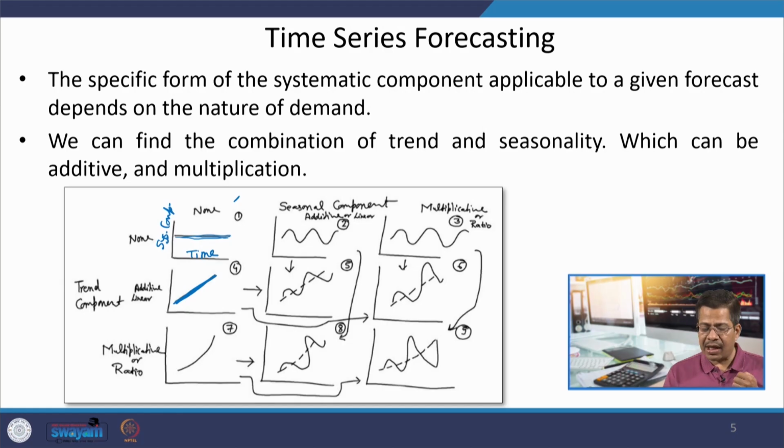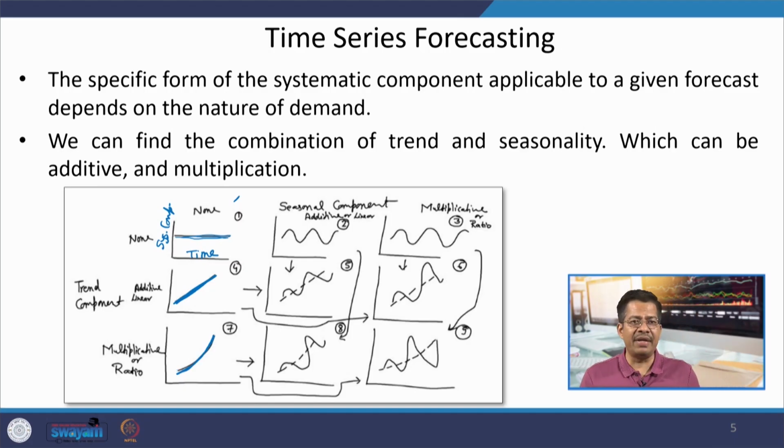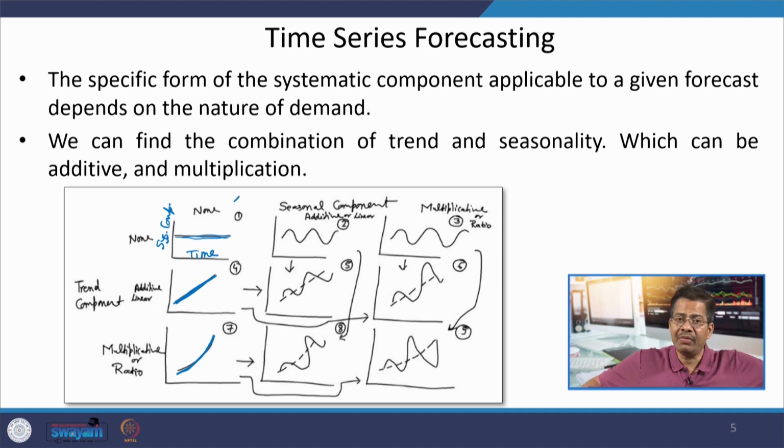Similarly, in diagram number 7, we have a multiplicative trend and this is like this. In 1, 4 and 7, there is no seasonal component. Now, coming to diagram number 2, 5 and 8, where you have a linear seasonal component, additive seasonal component.